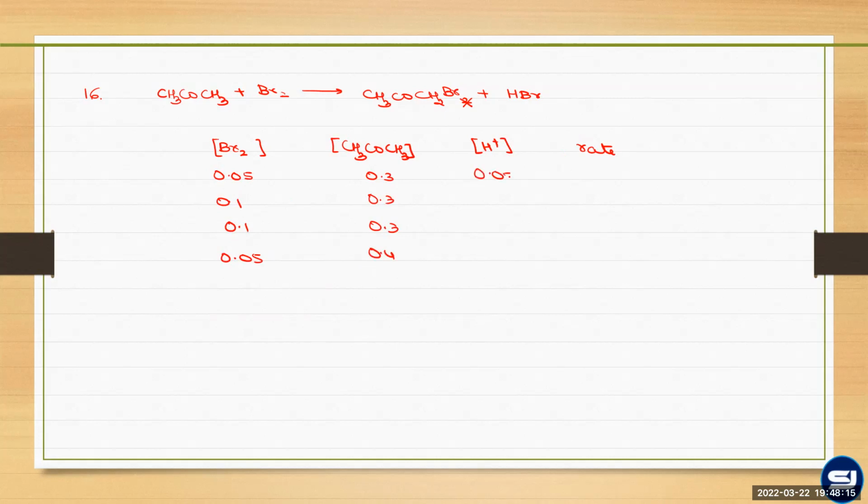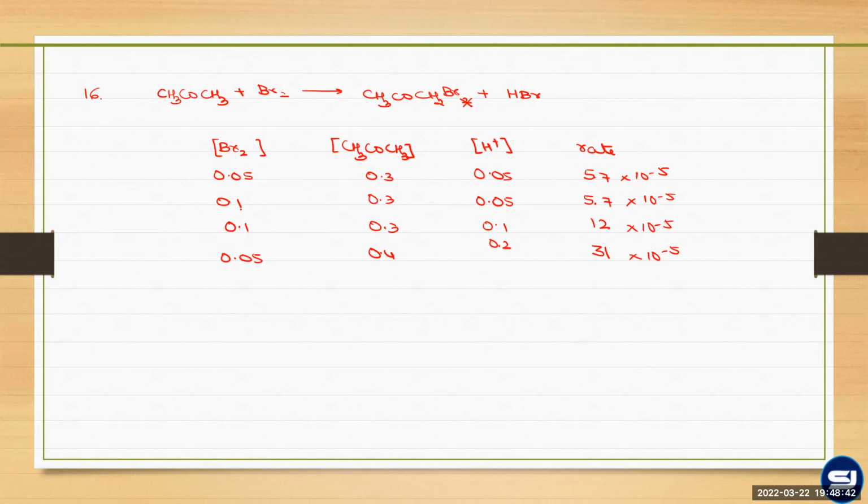H plus concentrations are 0.05, 0.05, 0.1, and 0.2. And the rate is 5.7, 5.7, 12, and 31. These are all 10 raised to minus 5. So basically, I have just converted into the same powers. Now, once again, you have to follow the same method.